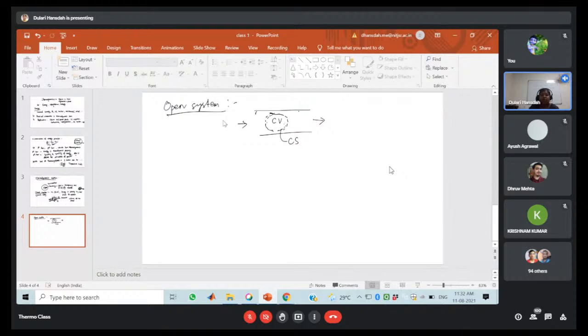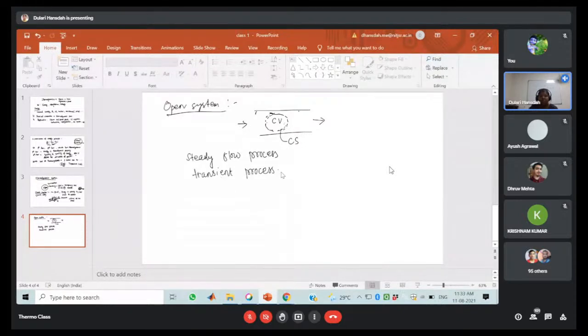So in this case, we are considering different processes, that is a steady flow process or a transient process. Steady flow process means here we are considering that whatever the amount of flow is entering and leaving the system, that is constant.